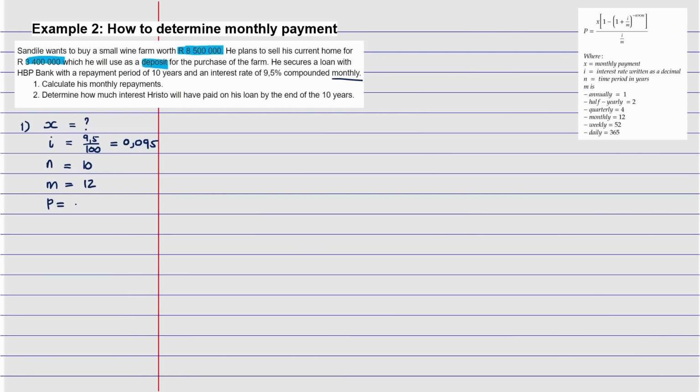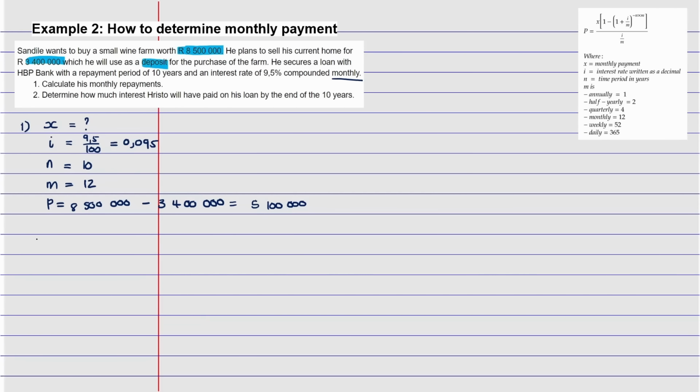So it's 8.5 million minus 3.4 million, because he's already going to deposit the 3.4. The remaining amount is the money he needs to take a loan on. When you find the difference, he's going to take out a loan of 5.1 million, because that's the money he does not have and needs the loan for.